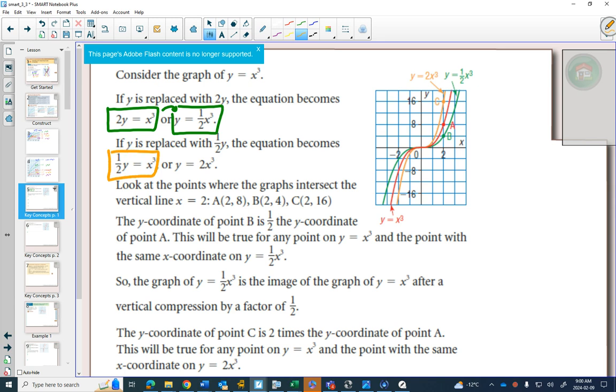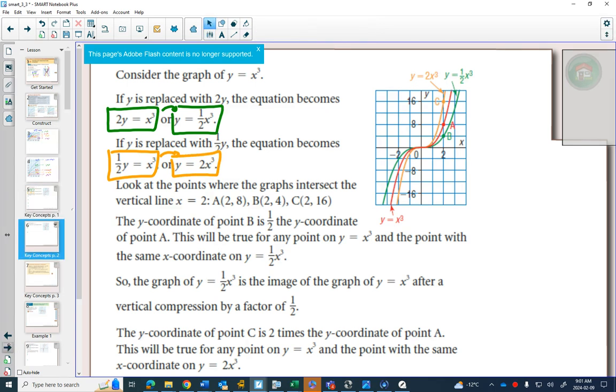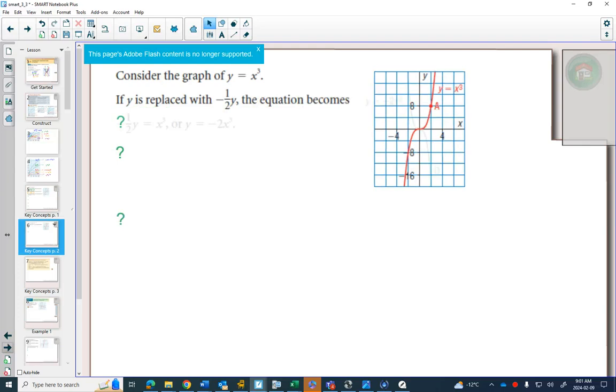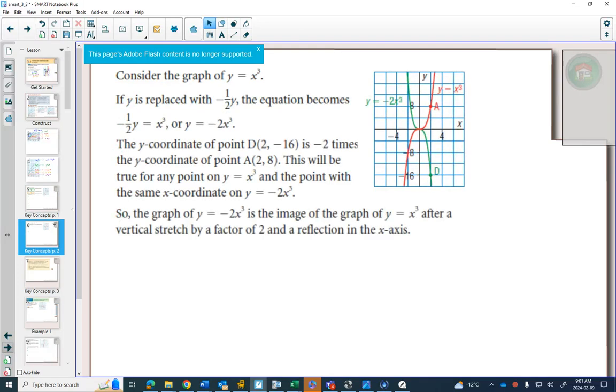If I had this, I would change it to look like that. Same thing here. If you had the negative half with the y, get the y by itself. And the negative would flip it down, and then the 2 would stretch it vertically.